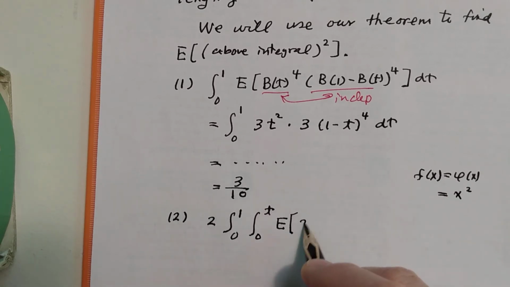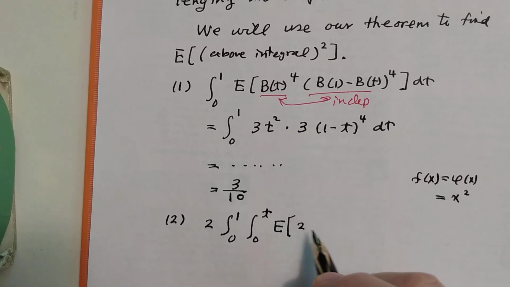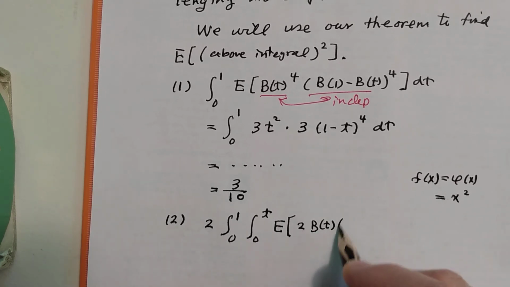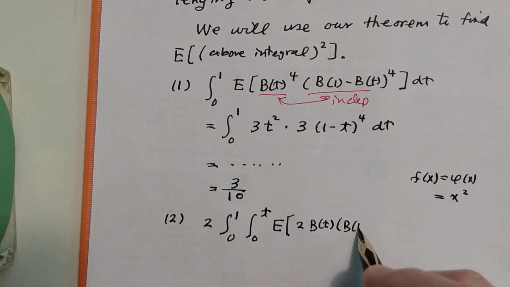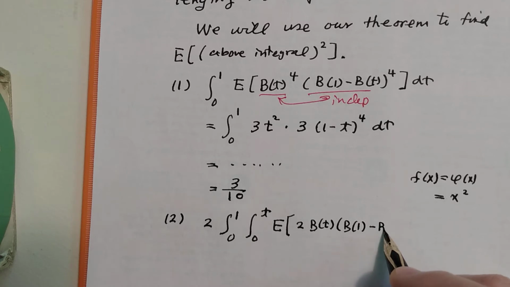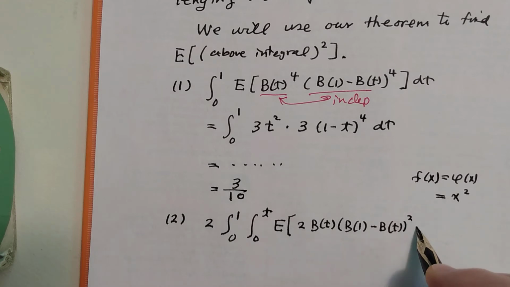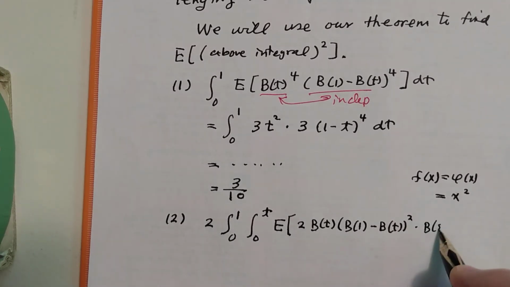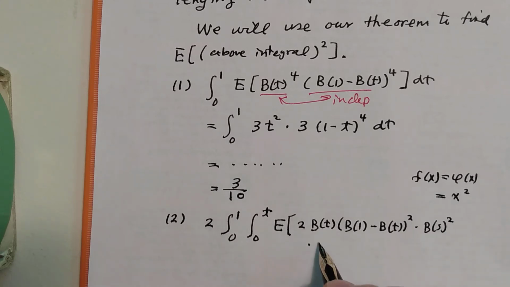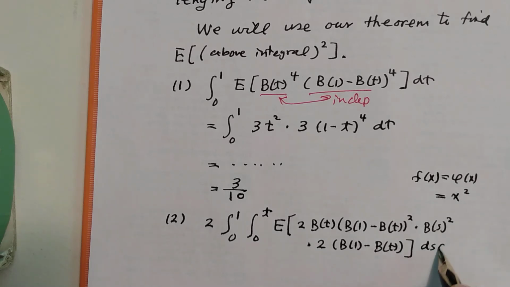And so f prime is 2x, so it's 2 times Bt times (B1 minus Bt) squared times Bs squared times (B1 minus Bt), and then ds dt.